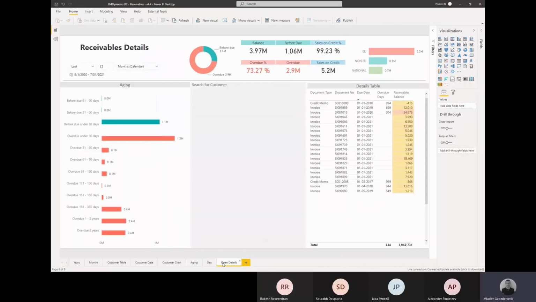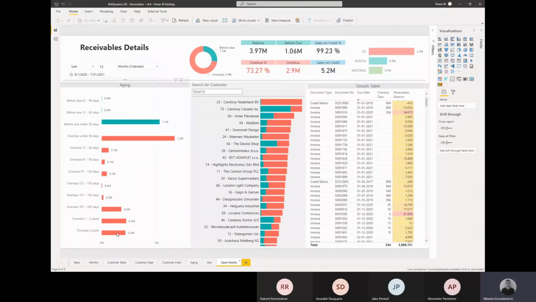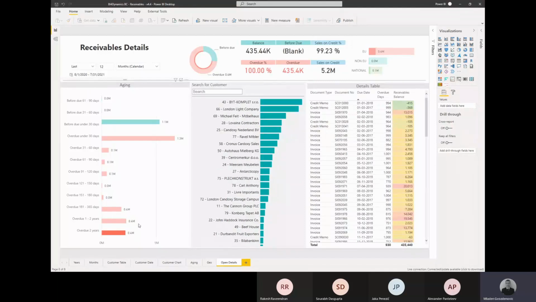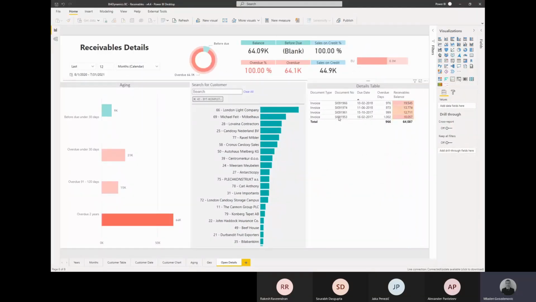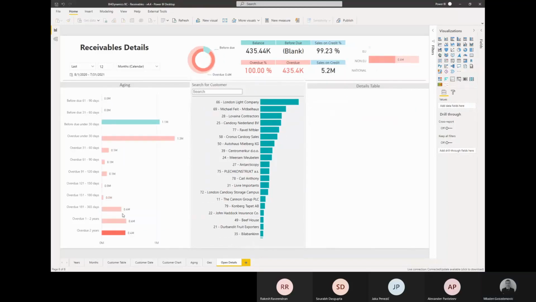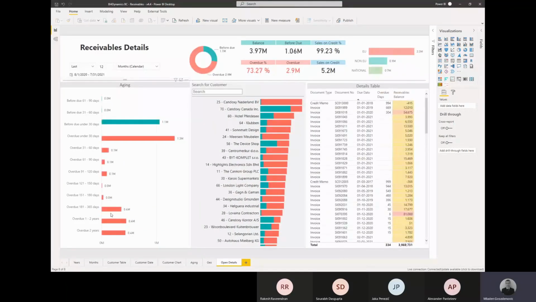So if I go into the open details, who owes me money more than 2 years? Let's say this customer owes me money for 2 years. These are the documents. Again, if this was too fast. So I have aging buckets at the end of this period, like receivables balance at the end of the period.